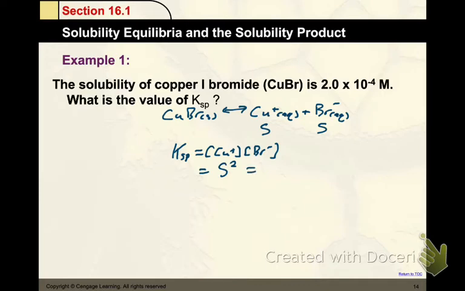And well, we're given the molar solubility. We're given that it's 2.0 times 10 to the minus 4. These are all 1 to 1 to 1 with the CuBr. So we can simply plug in 2.0 times 10 to the minus 4 and square it, and we should get our Ksp.